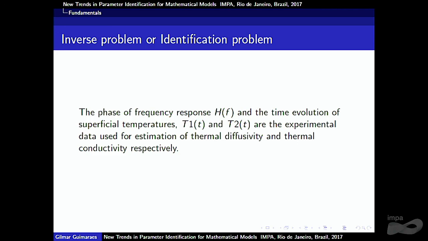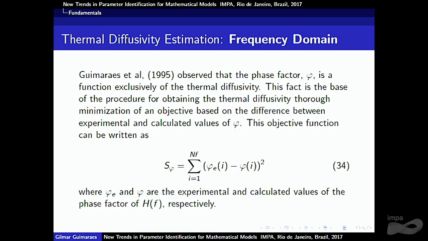The phase of the frequency response and the time evolution of superficial temperatures are the experimental data used for estimating thermal diffusivity and thermal conductivity. In this case, in a previous work, we have discovered that the phase factor of this transfer function just depends on the thermal diffusivity.